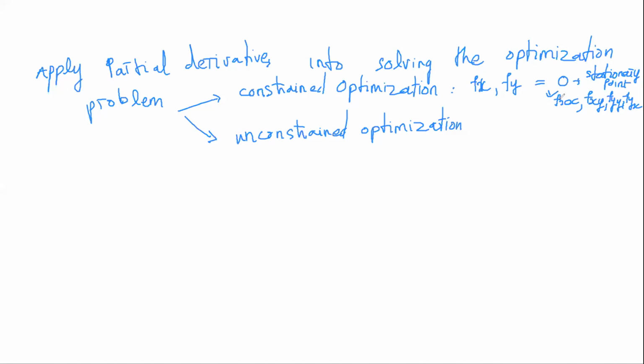So we do have the criteria to see whether they are saddle points, whether this stationary point could be a maximum or minimum point. So go back and check the criteria by yourself.